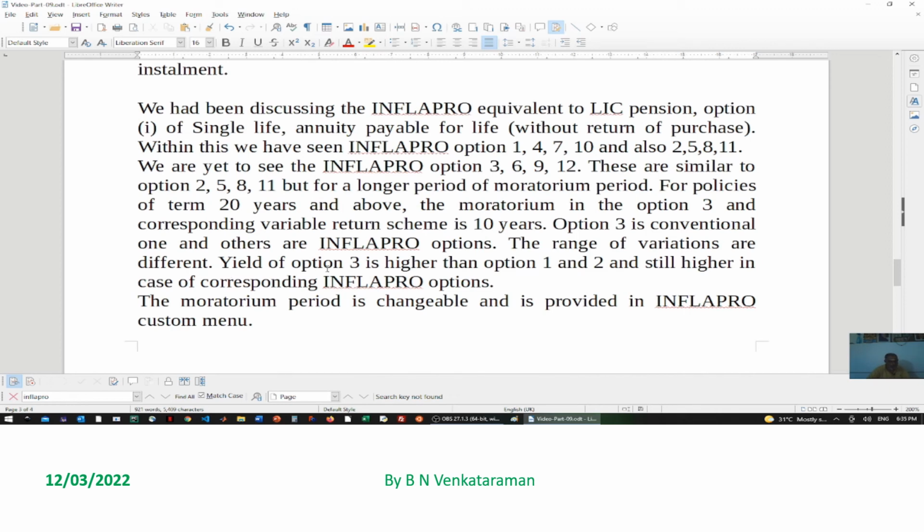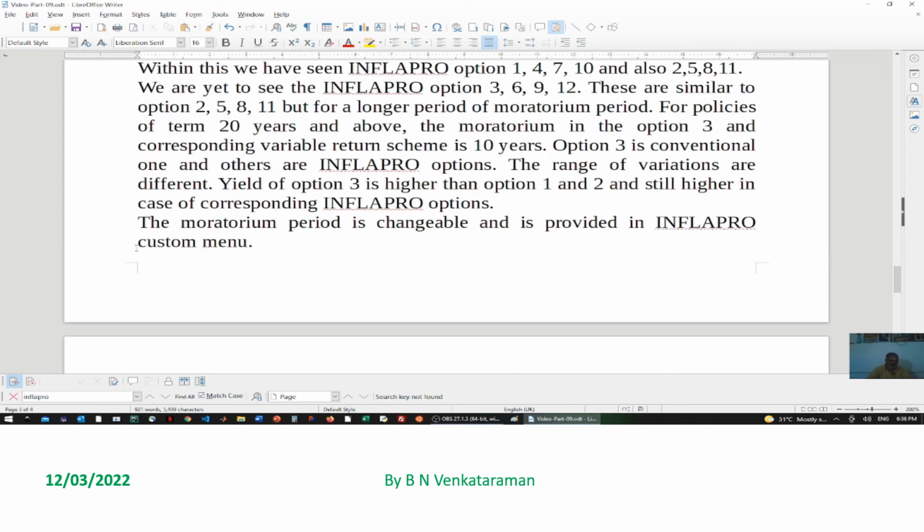The yield of option 3 is higher than options 1 and 2, and still higher in the case of the corresponding INFLAPRO options. The moratorium period is changeable and is provided in the INFLAPRO custom menu.